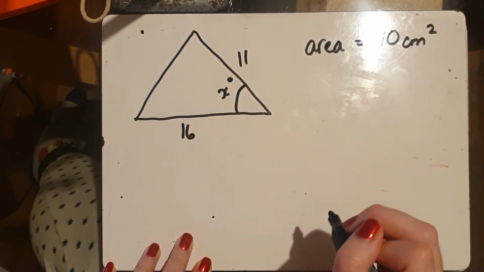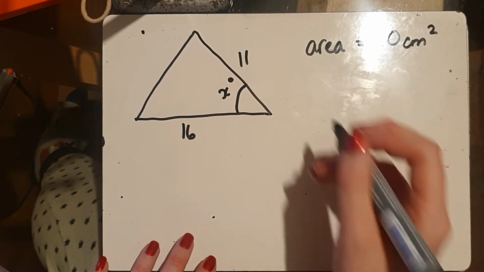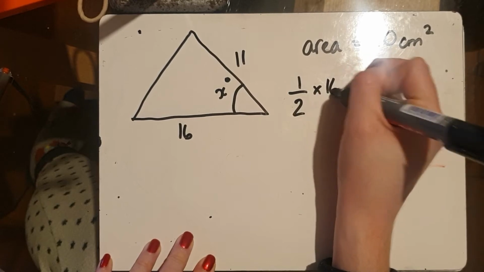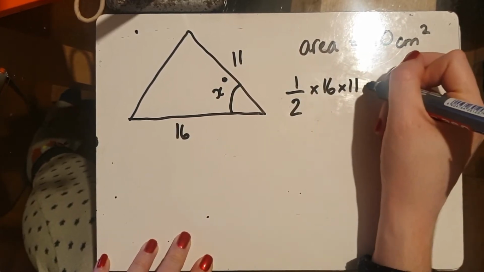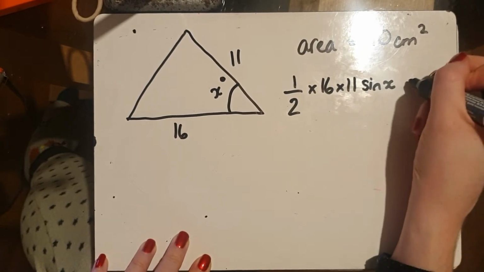And I need to find the value of x. So I know that the area of a triangle is half 2 sides multiplied together, multiplied by the sine of the angle between them.